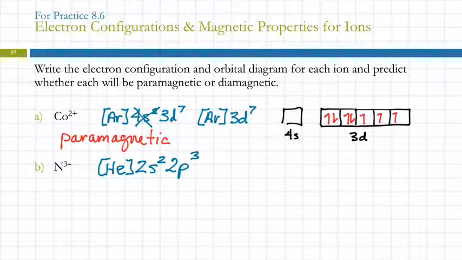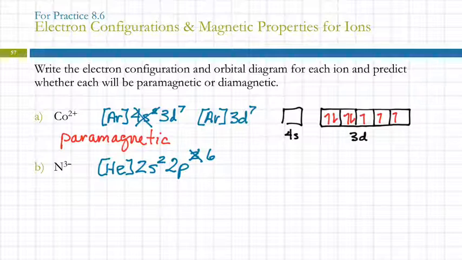So that's the nitrogen atom. This is N3-. We need to add 3 more electrons, so this 3 becomes a 6. And that's why nitrogen forms a 3- ion, because it gets that valence shell full. Now it has the same number of electrons as neon.